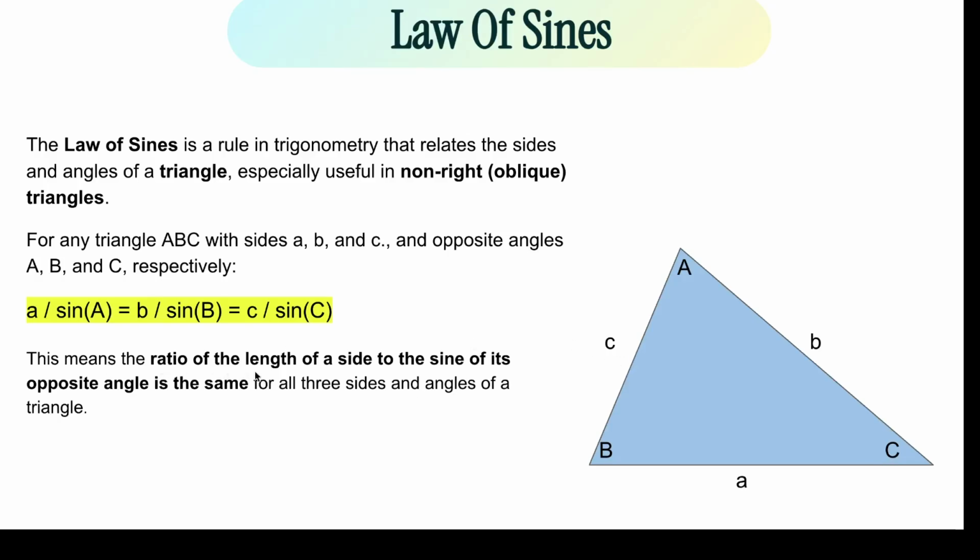This means that the ratio of the length of a side to the sine of its opposite angle, and this is very important, is the same for all three sides and angles of a triangle.